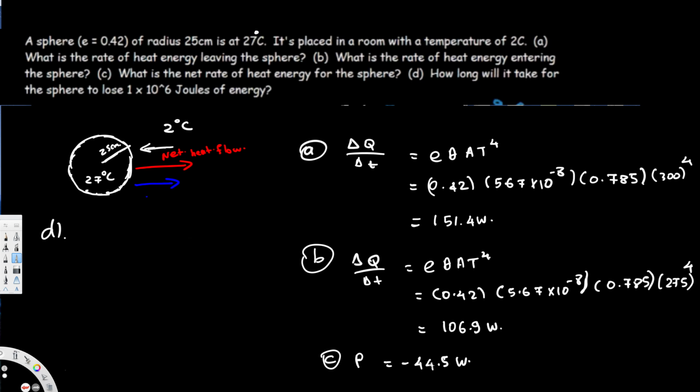We calculated per second this much energy is lost. It's negative, it means lost. So we have to calculate how long it is going to take to lose this much energy.